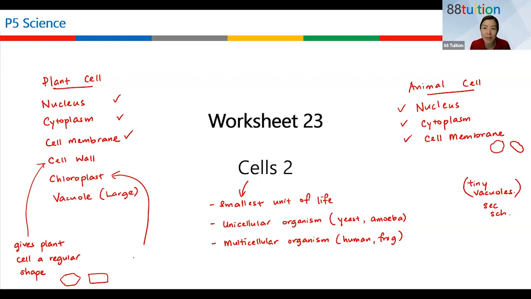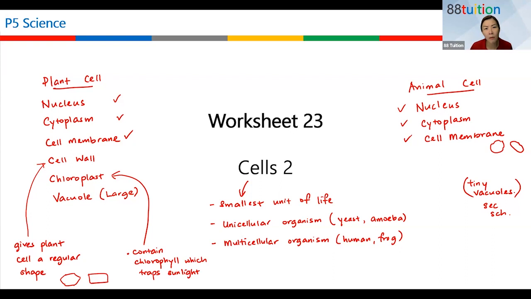It helps to trap sunlight and makes food for the plant. So you should say that chloroplast contains chlorophyll. Okay, so this chlorophyll actually traps sunlight. Is it just sunlight only?